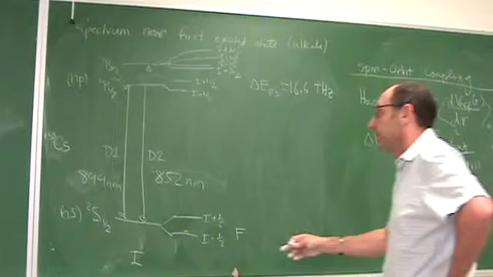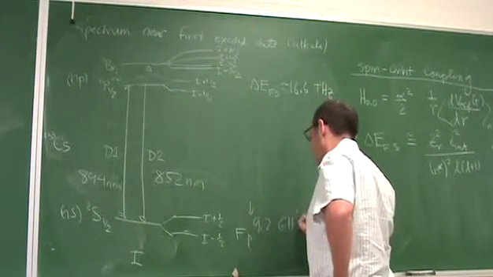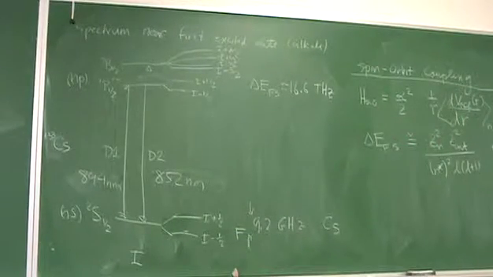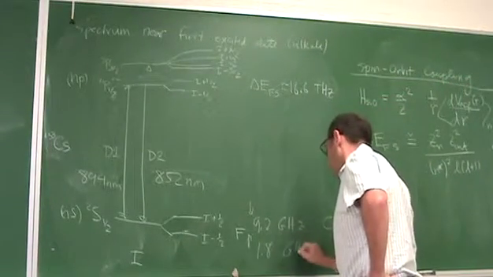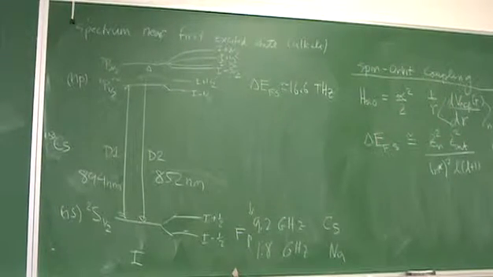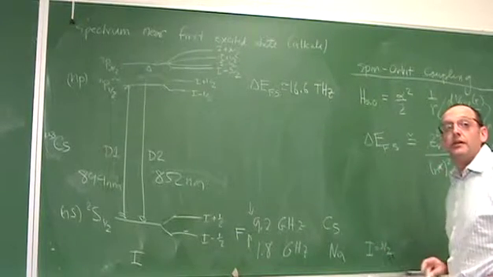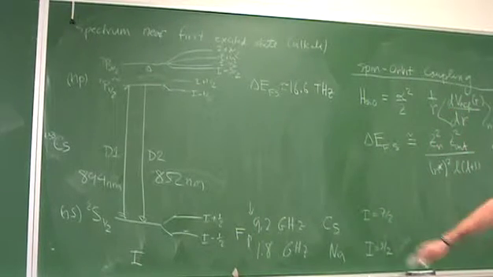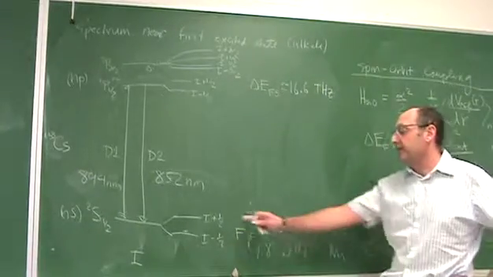So in cesium, the ground state hyperfine splitting is on the order of 9.2 gigahertz, and for sodium, it's 1.8 gigahertz. Do you remember what I is for sodium? Yes, I is 3 halves for sodium, the standard isotope, and for cesium, it's 7 halves. So in cesium, this is F equals 4 and F equals 3, and in sodium, this is F equals 2 and F equals 1.